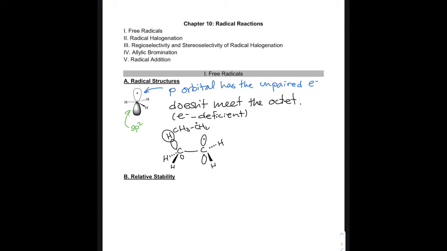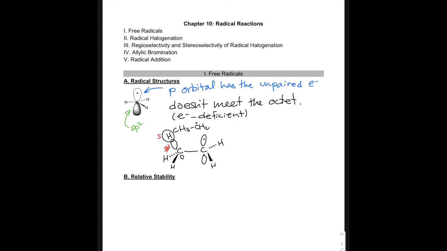it benefits from a phenomenon called hyperconjugation. It's not the same as conjugation because there are no pi orbitals involved per se, but what I'm showing you here is our sp3 orbital as well as the s orbital of hydrogen. That methyl group next to the radical is, of course, sp3 hybridized, so it has an sp3 orbital that's overlapping with the s orbital of the hydrogen, right?